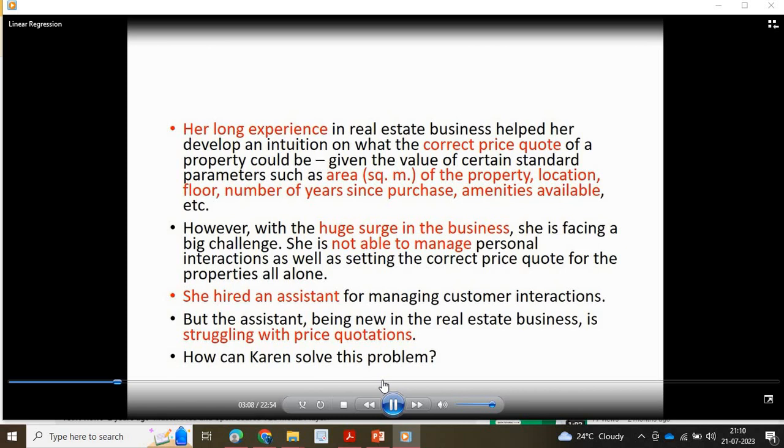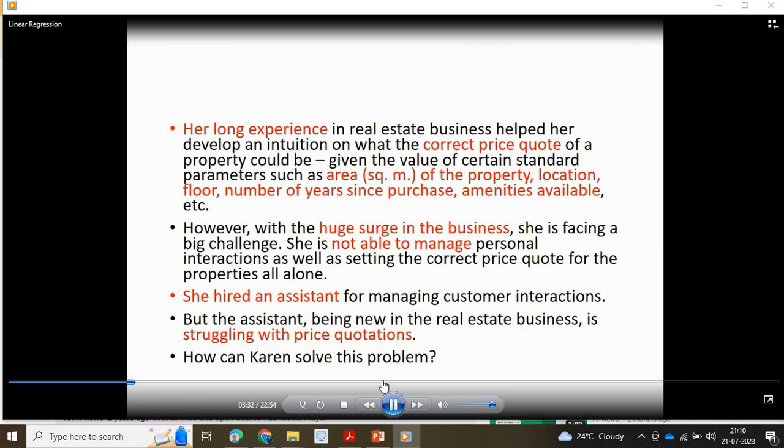Given the value of certain standard parameters such as area of the property, location, floor, number of years since purchase, and amenities available in the property, all these are the input values. All these are the predictors.